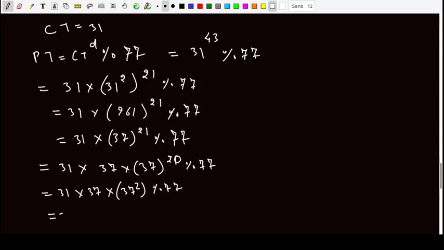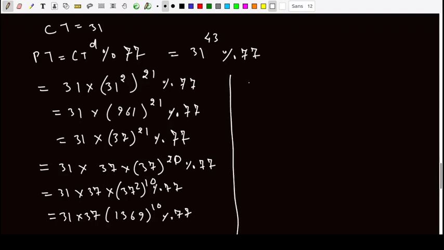Okay, so this is 31 into 37, and 37 whole square is 1369, to the power, let me write it down, here it will be 10, so 10 modulo 77.